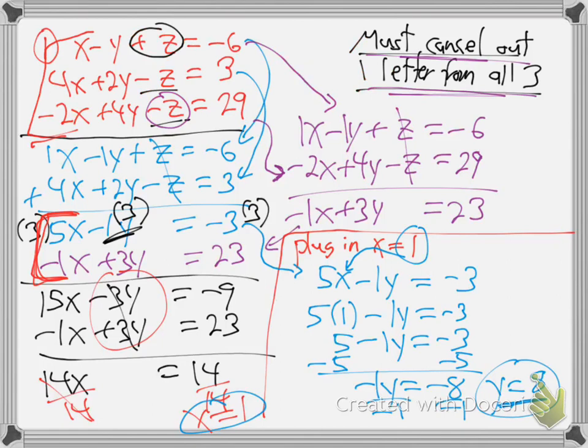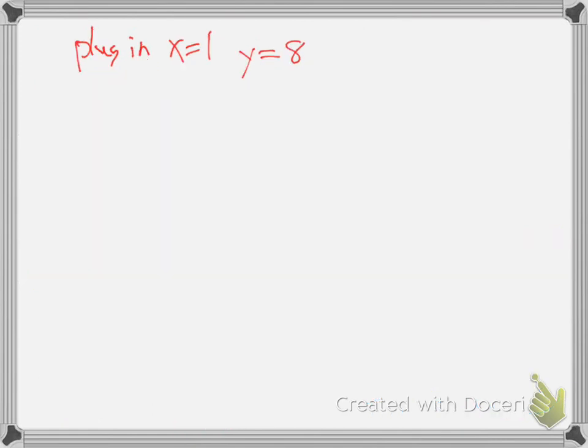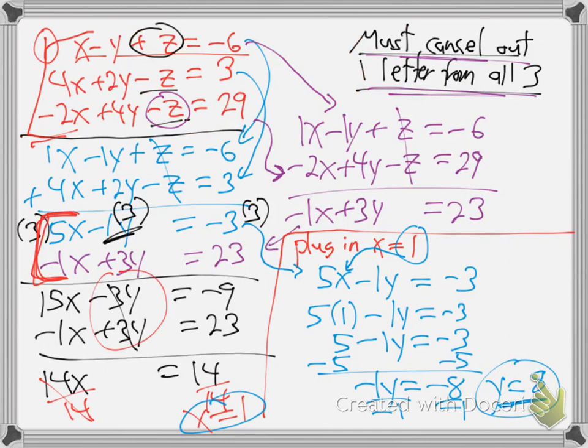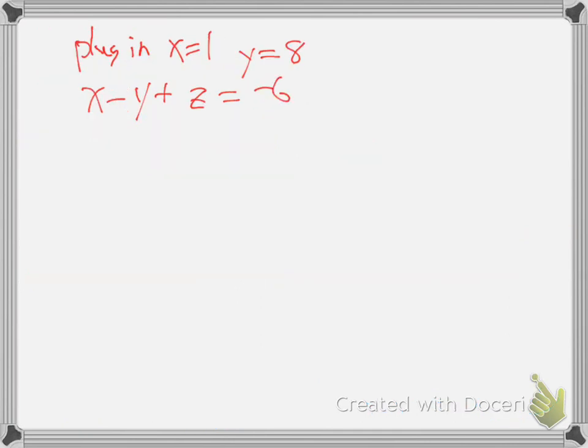So new screen. Plug in x is 1, y is 8, right? I'll just grab this first equation here. X minus y plus z is negative 6. Okay, so grab the 1 and pop it in. Grab the 8 and pop it in.